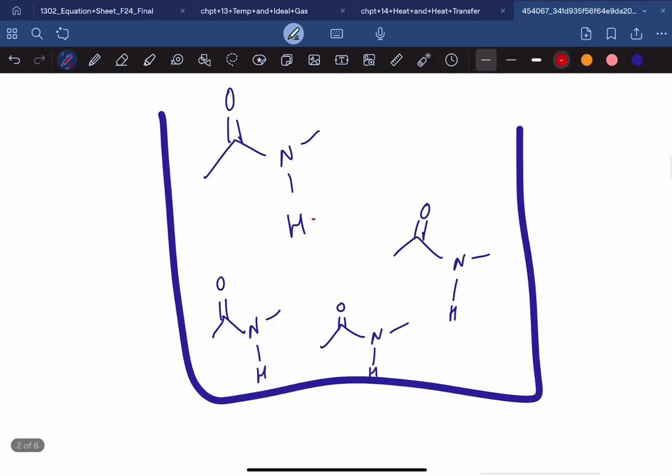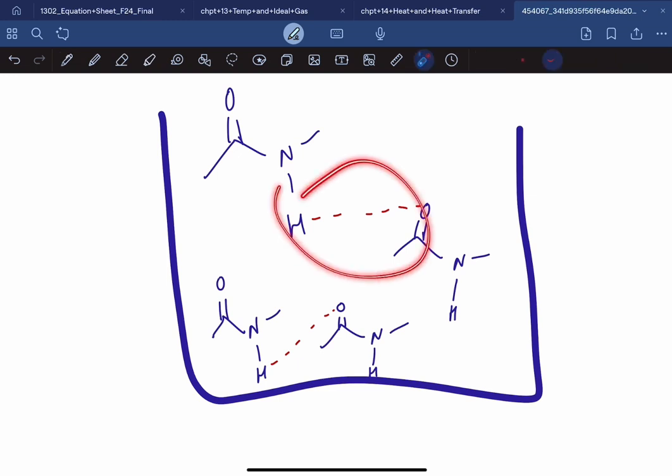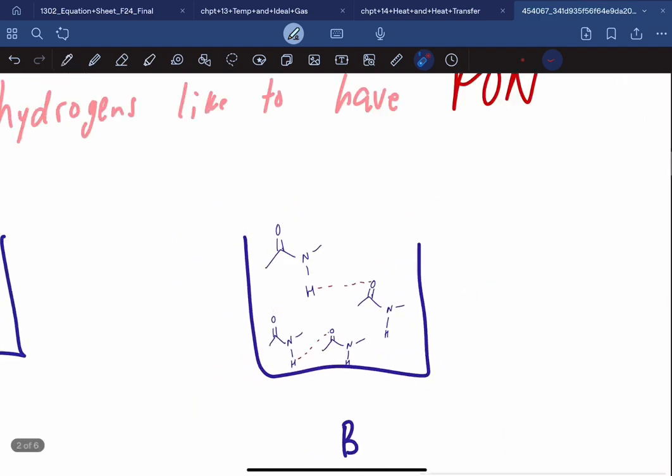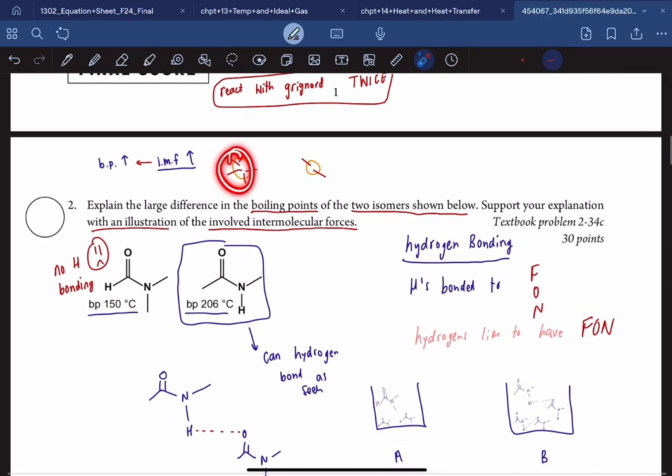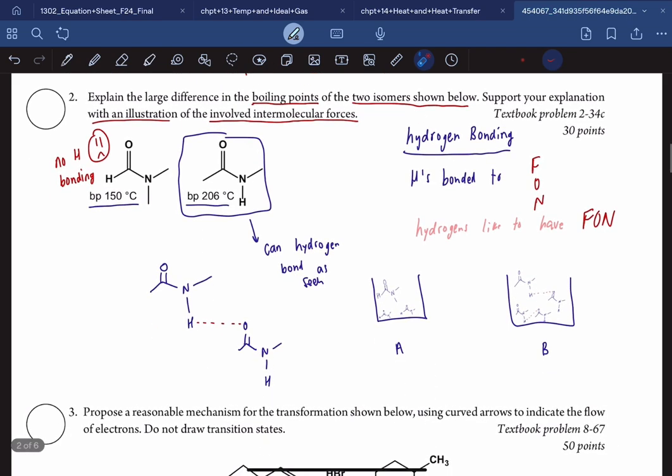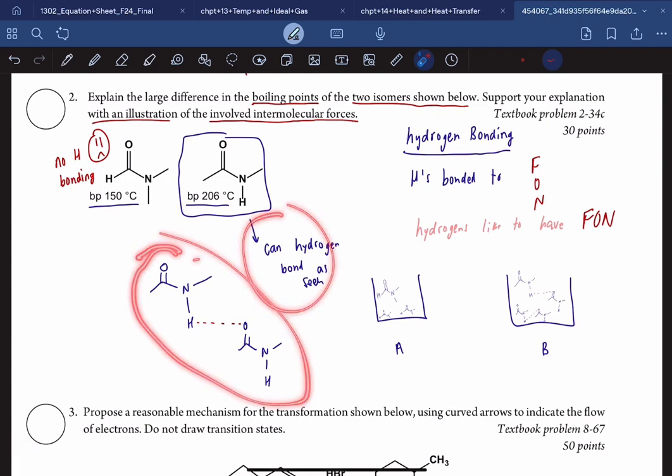This one can hydrogen bond here, and this one can hydrogen bond here, right? Do you see how there's these new forces involved? There's this invisible red dash force. So that's going to increase the boiling point because, like I said up here, there's more hands on the molecule now, right? So think of it like that. And then obviously you got to write this out, hydrogen bonding, and then you got to draw this as well.